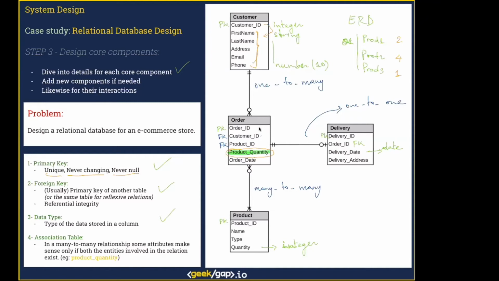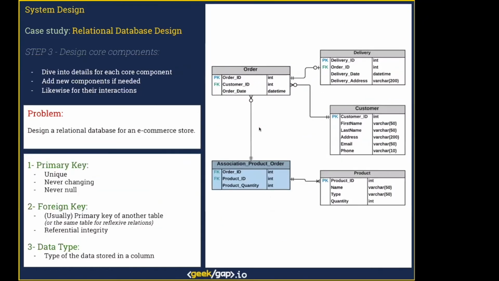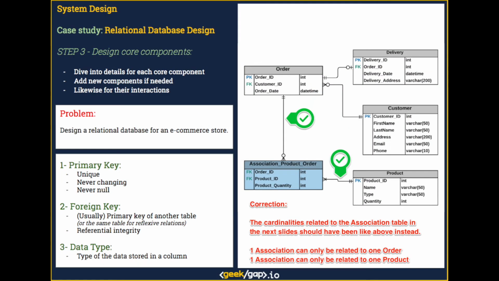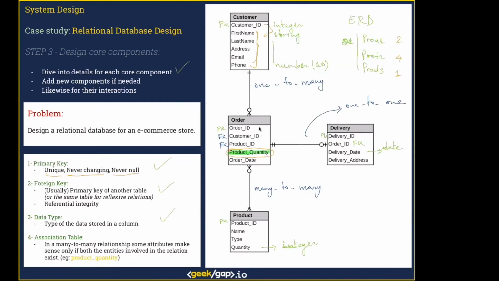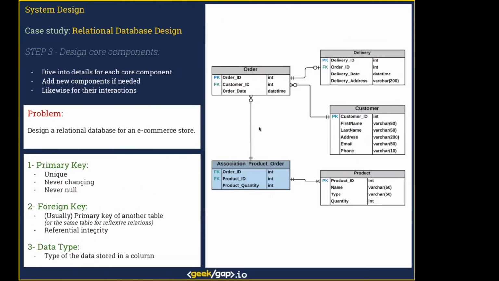The association table allows you, let me go straight here and let's see what that really is. By the way, it's the same diagram. We just added the primary keys, the types, and the association table that I was talking about.